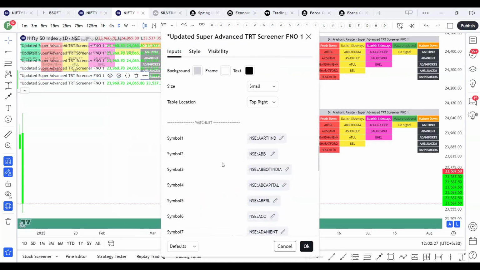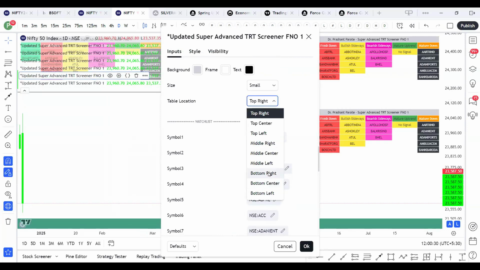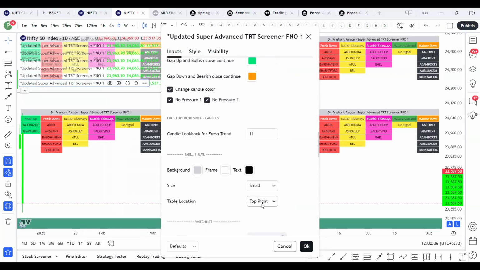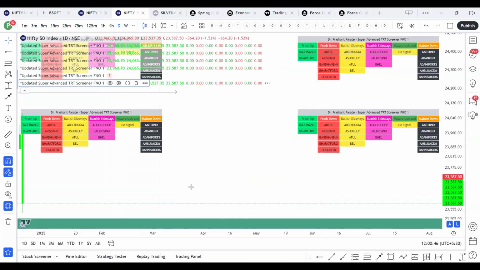This way, change the location for each, and bottom left. Yes. So this way, we have to change the location.